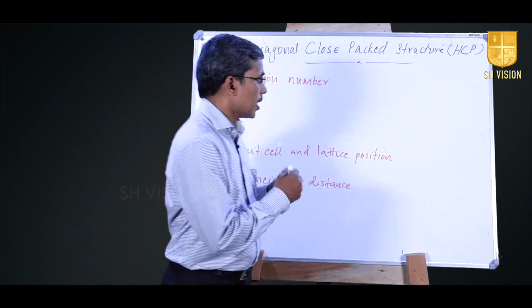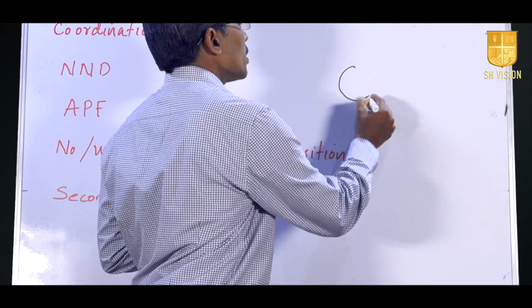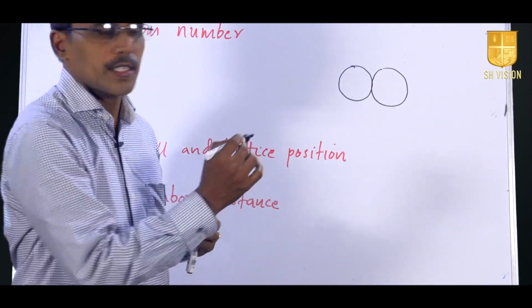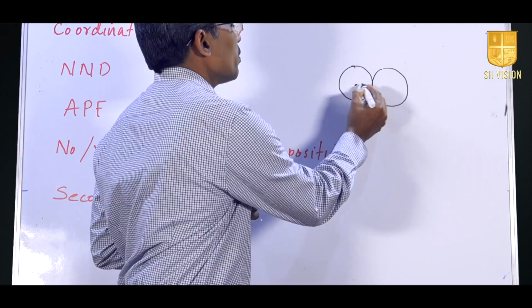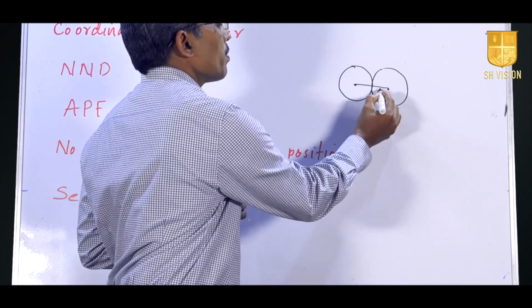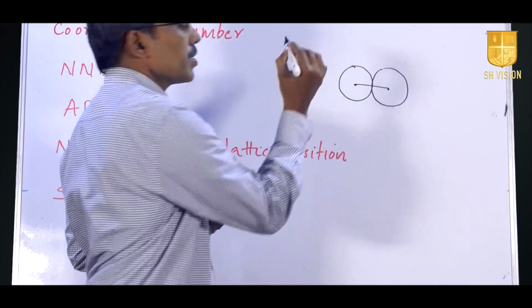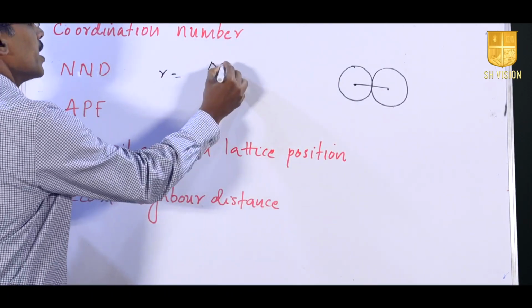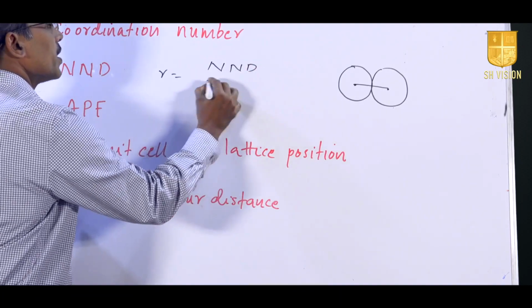In the hard sphere model, these two spheres will be in contact, so the nearest neighbor distance is the distance between the centers, which is radius plus radius, that is, 2r. Therefore radius will be equal to nearest neighbor distance divided by 2.